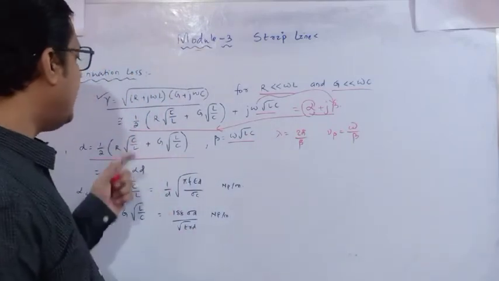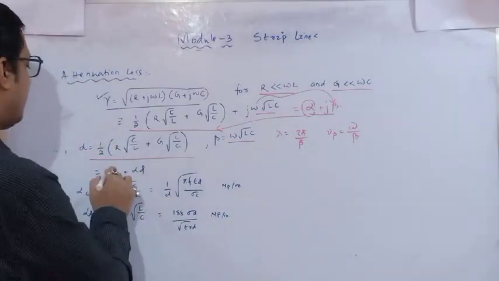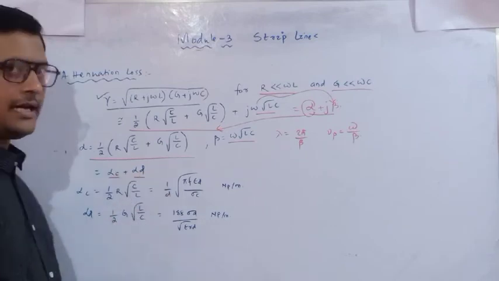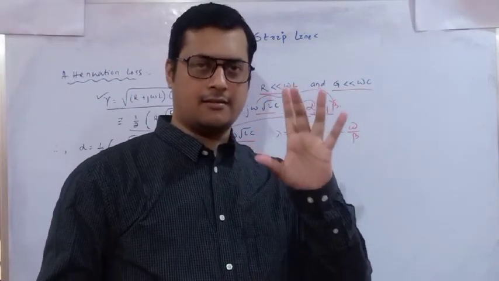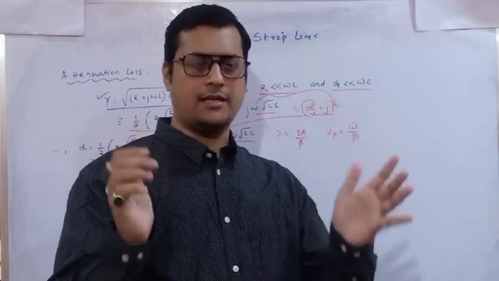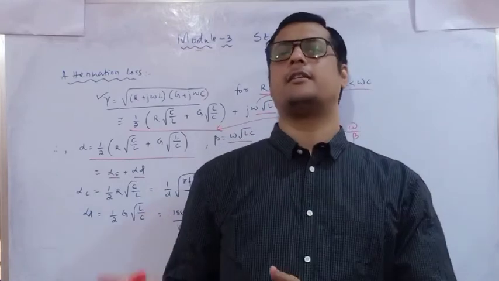Okay. Next, this alpha has two components. One is alpha C, one is alpha D. As I have told, your strip line is a combination of a dielectric medium and a conductive medium. So your attenuation factor depends upon the conductor and the dielectric.